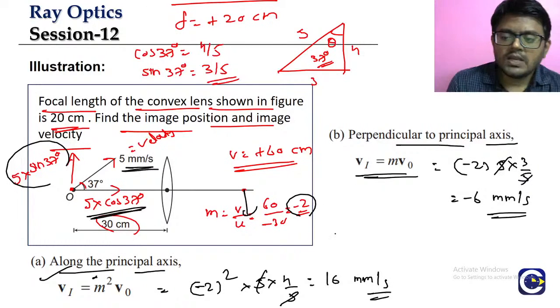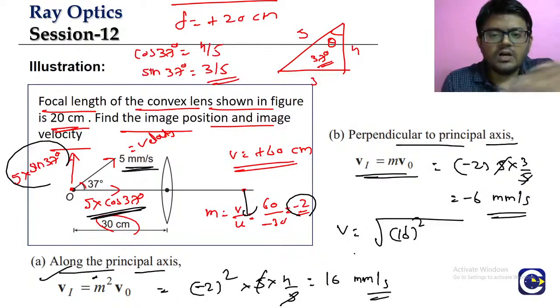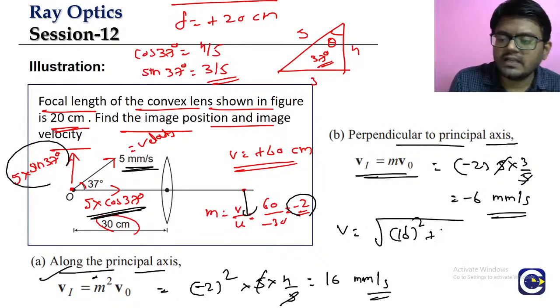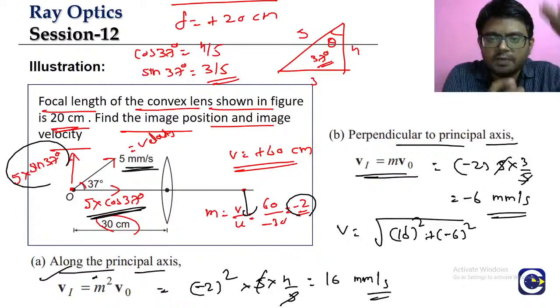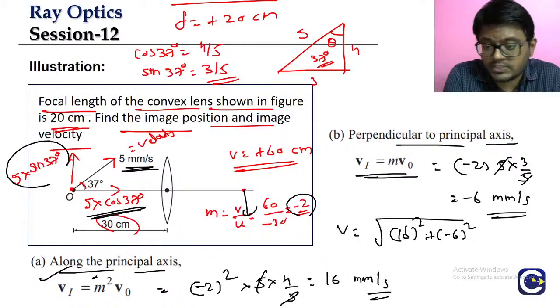Okay. Now total velocity means root of the component along the principal axis square plus the perpendicular component square, because both are perpendicular, right? We have two perpendicular components. The total velocity is root of, like the way we use x component square plus y component square, whole root.